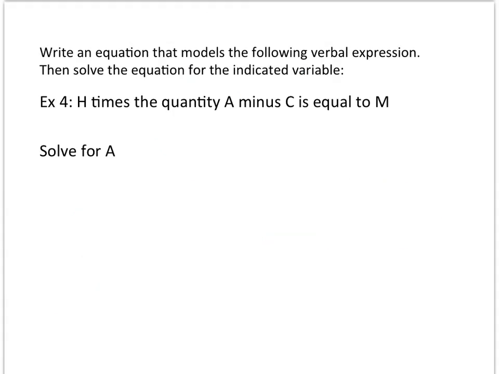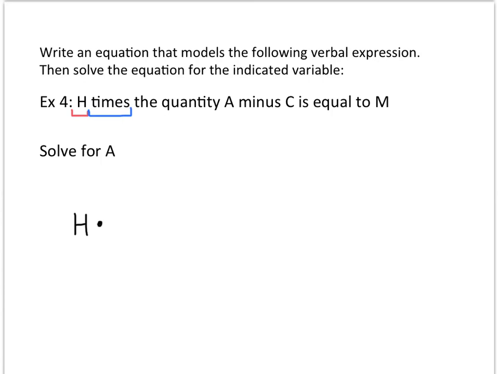Last example I want to do again involves that quantity term. So let's go through this. First, I see the term h. So there's our first variable, h. Well, what's happening to h? I see this keyword times, which implies multiplication. So I'm immediately going to be multiplying h by something.